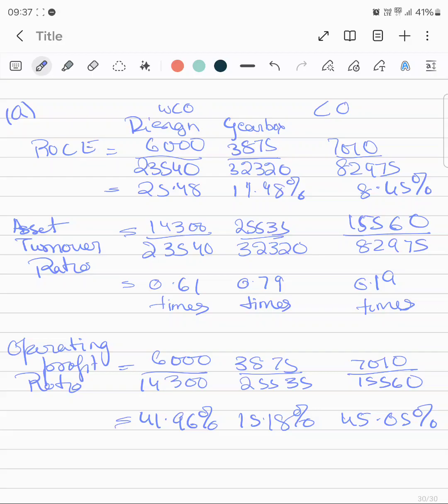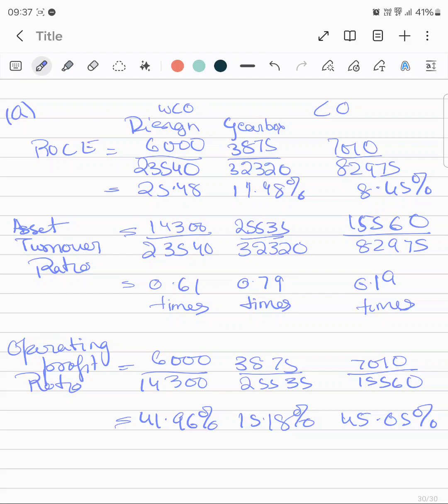So gearbox division and C company's ROCE are fairly similar compared to the design division, although when comparing the two in isolation, the gearbox division ROCE is actually over 3 percentage points higher than C company. This is because C company has a substantially larger asset base than gearbox division. From the asset turnover ratio it can be seen that gearbox division assets generate a very high proportion of sales per dollar of asset compared to C company.